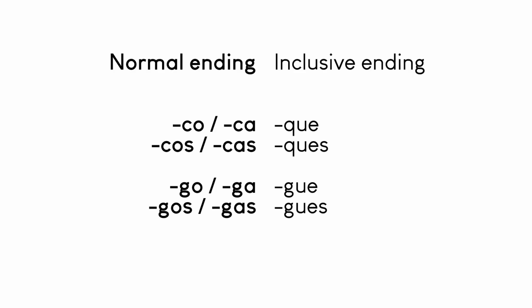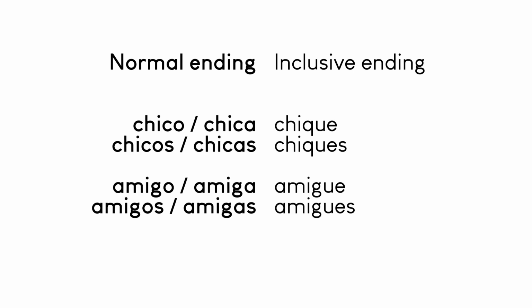Now, let's mention some things to have in mind when using written inclusive language. Because of the rules of Spanish grammar, when using inclusive language, in some cases you will have to change a C for a QU or a G for a GU. For example, chico or chica change to chique, and amigo or amiga change to amigue.